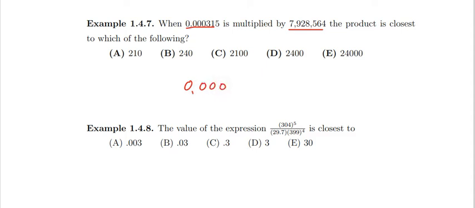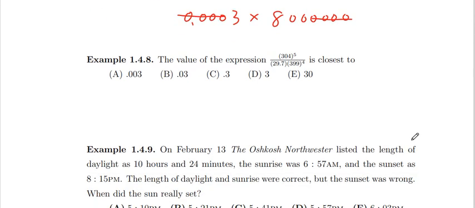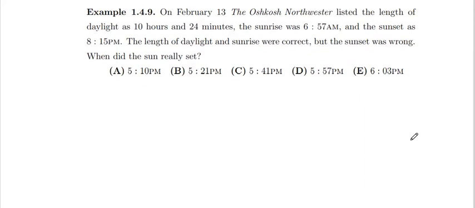How many zeros? 3 zeros. So we just forget the zeros, just 3 multiplied by 100. So those kinds of problems are the same.